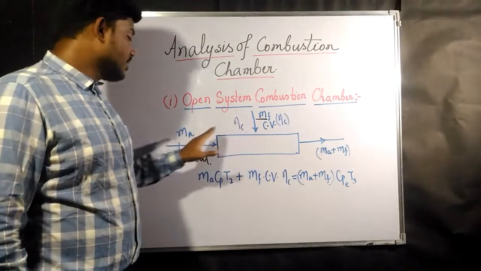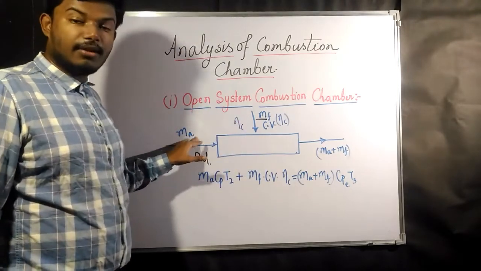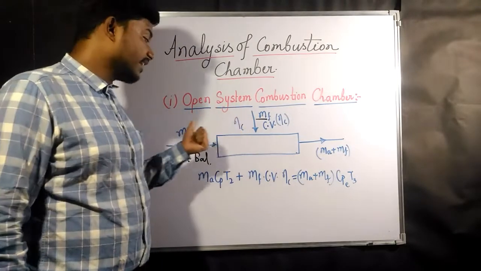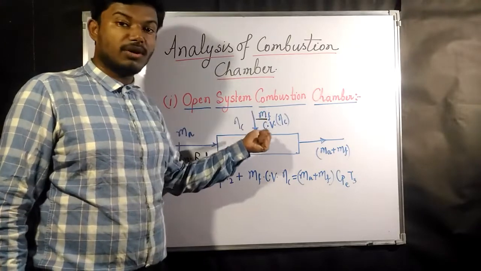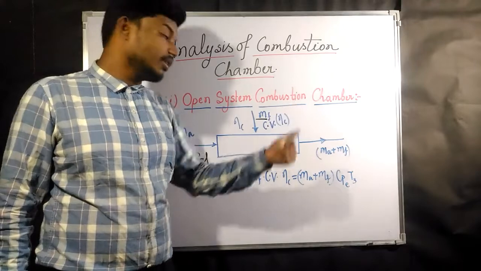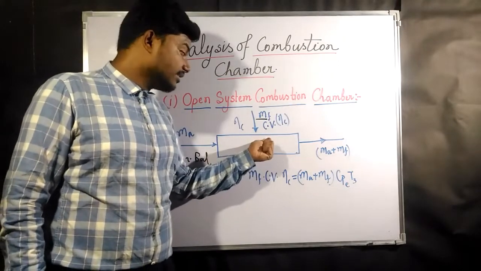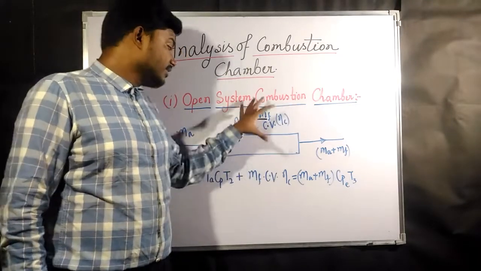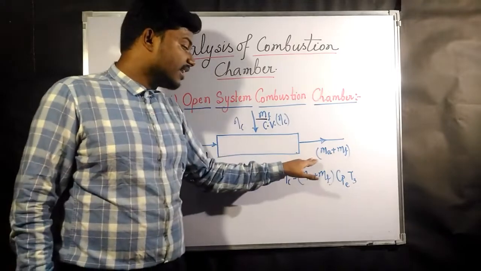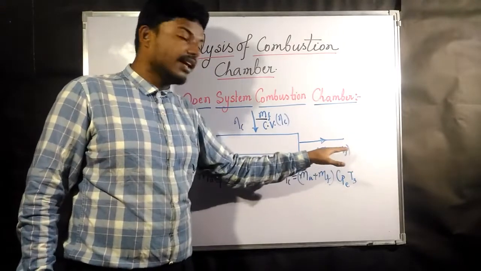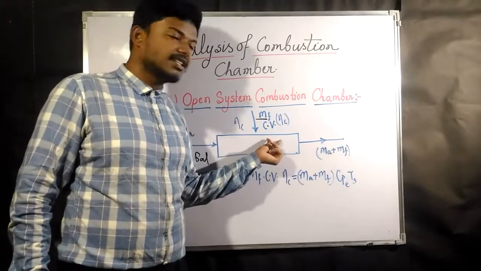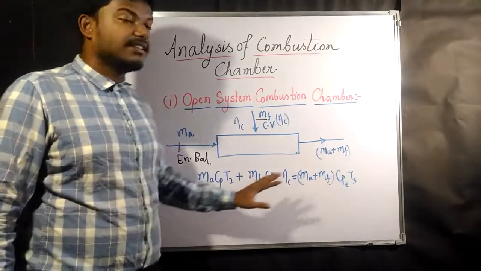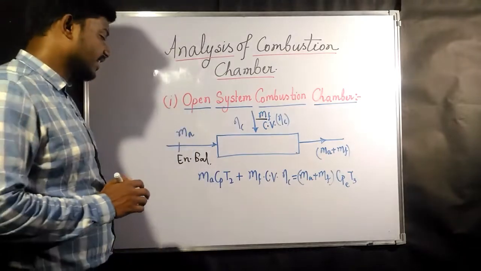That means the energy the air brings into the chamber, plus the energy the mass of fuel contributes to this combustion chamber, together must equal the energy of the exit product of the combustion chamber. These two give us our energy balance.